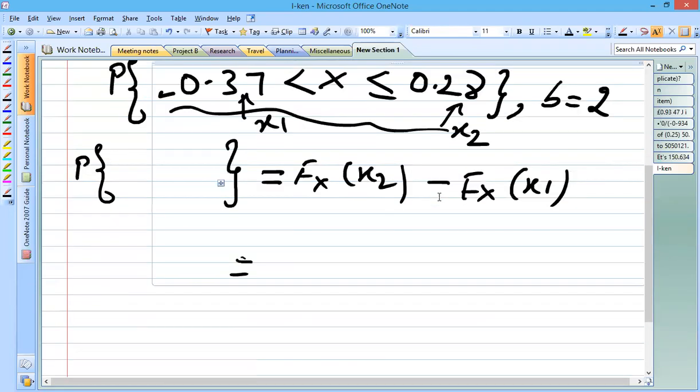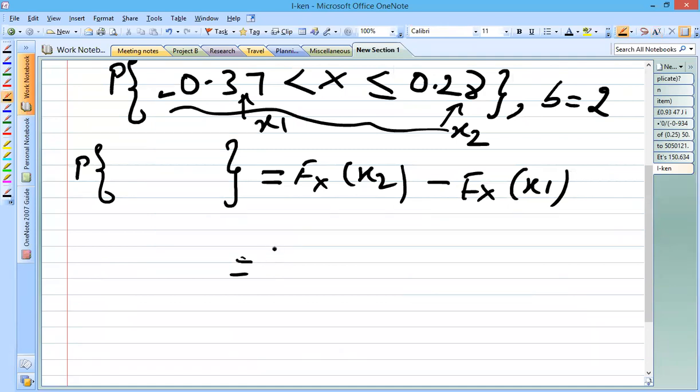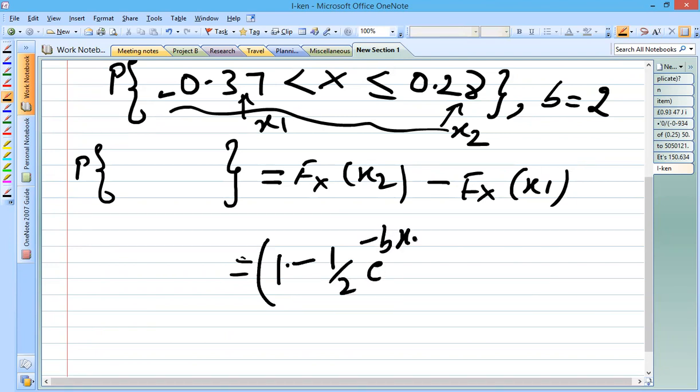So in this step, we need to substitute F_X of x2 as 1 minus 1 by 2 e to the power minus bx, in place of x you just mention this as x2, minus F_X of x1. So here x1, as you can see, is nothing but negative.